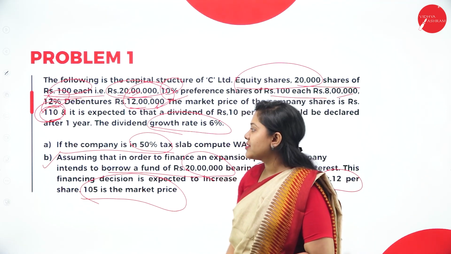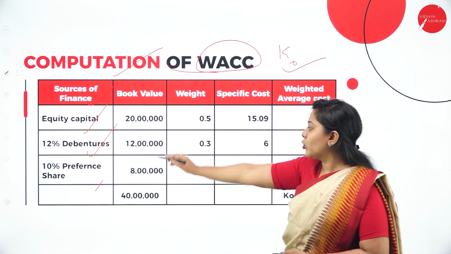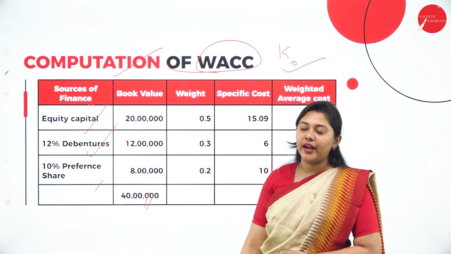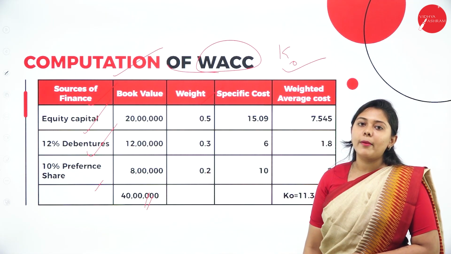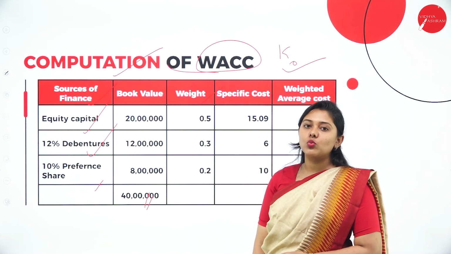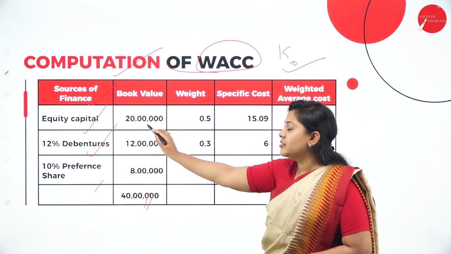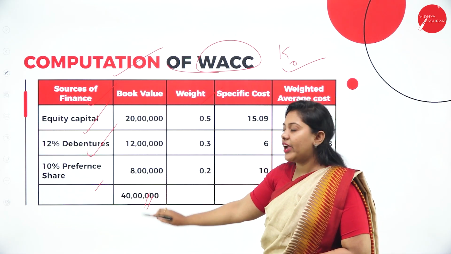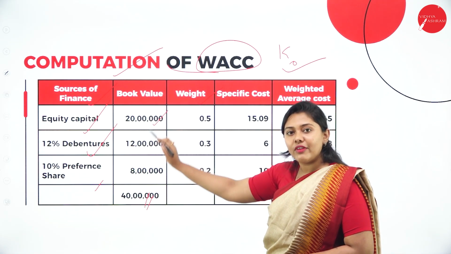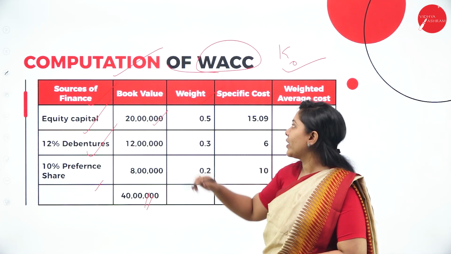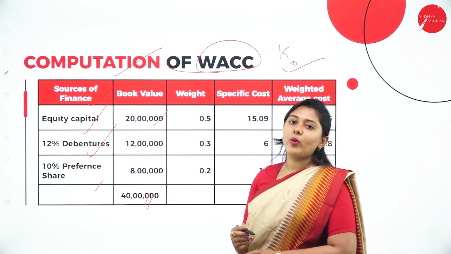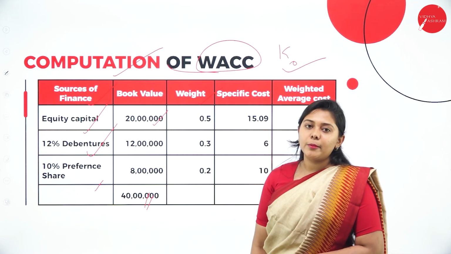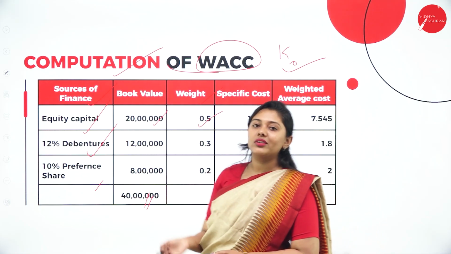You write that book value and the total of that. The next column is about weight. How do you get this weight? 40 lakh is your total. Individual value divided by total value gives your weight. So the individual book value is 20 lakh divided by 40 lakh, and the weight you get is 0.5.